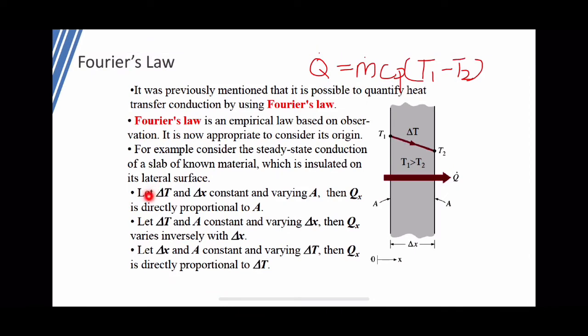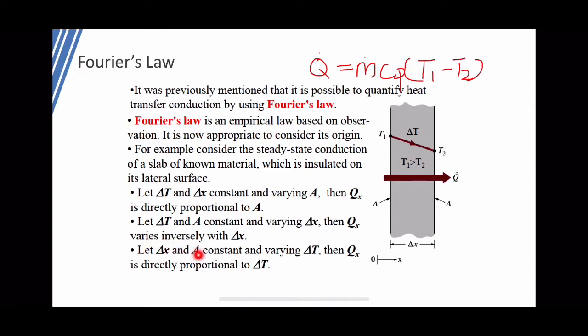Okay, so it says here, if delta T and delta X are constant and A is varied, A being the surface area, then Qx is directly proportional to A. That means the bigger the surface, the bigger the Q. The smaller the surface, the smaller the Q. If delta T and A are constant and X is varied, that means the thickness of this wall is varied, then Qx will be inversely proportional to delta X. That means Q will be lower when it crosses this thick wall.